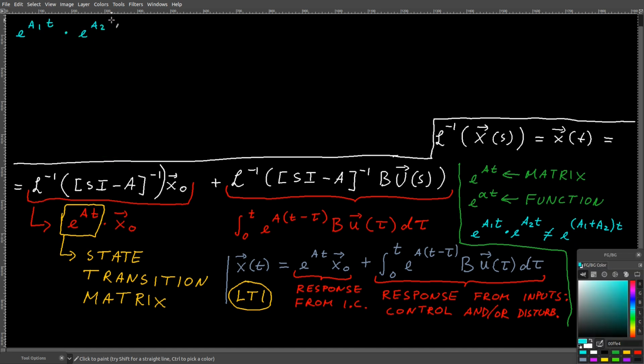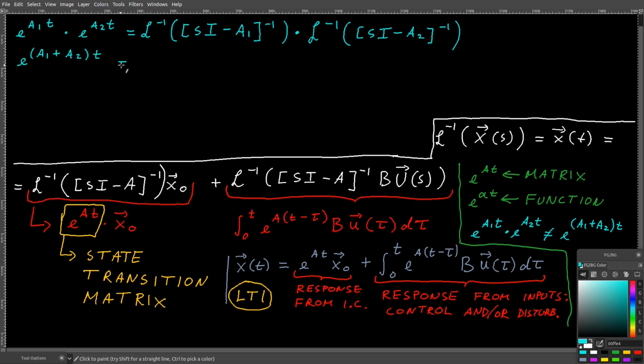And so, this matrix would be this matrix times this matrix, and then this matrix would be this one, and there is no reason whatsoever why these two results should in general be equal to each other. In some exceptional cases they might be the same, but in general that's not the case.